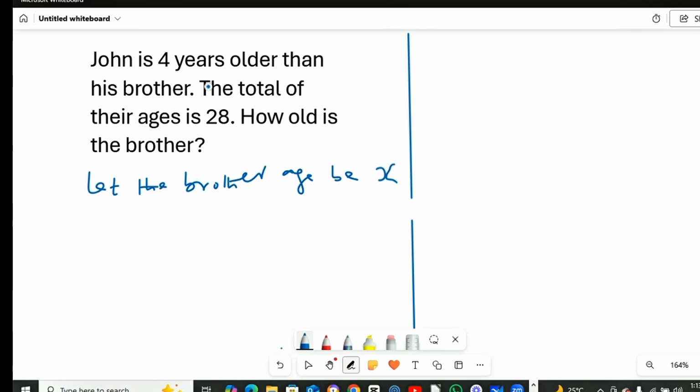So it says that John is 4 years older. So John is 4 years older.